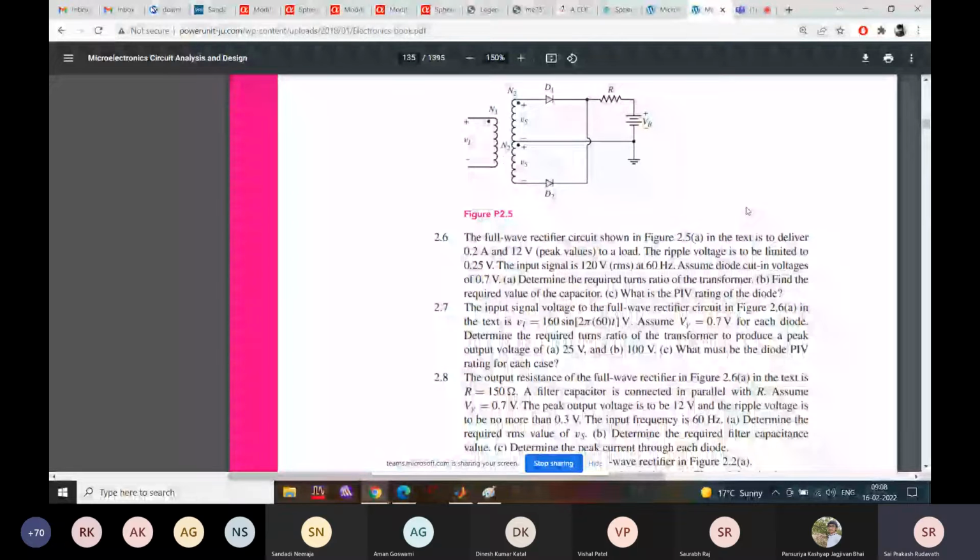In the forward bias or positive cycle, D1 will be connected. In the reverse bias, D2 will be connected. So only one diode will be active.